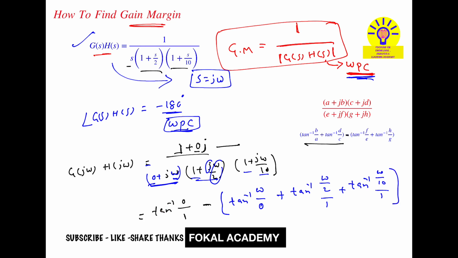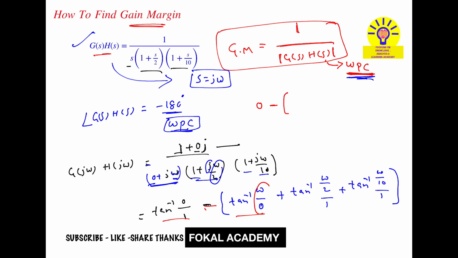Tan inverse of 0 by 1 is 0 only. Minus of, anything divided by 0 is infinity, and tan inverse of infinity is 90 degrees, plus tan inverse of omega by 2 plus tan inverse of omega by 10.